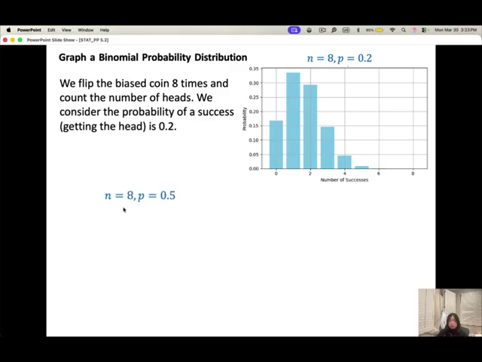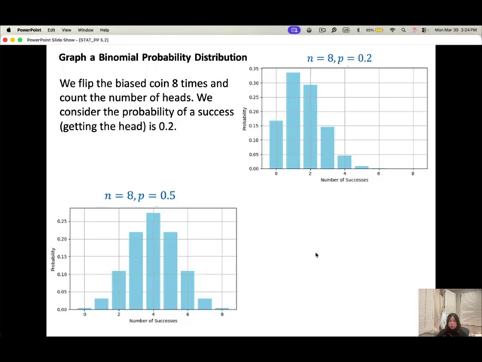Okay, now we're going to change the success rate from 0.2 to 0.5. And then we're going to do the same thing and graph it. This time, the graph will become a normal distribution, symmetric. And when p equal to 0.2, we have skew to the right because the right tail is longer. Okay, one more.